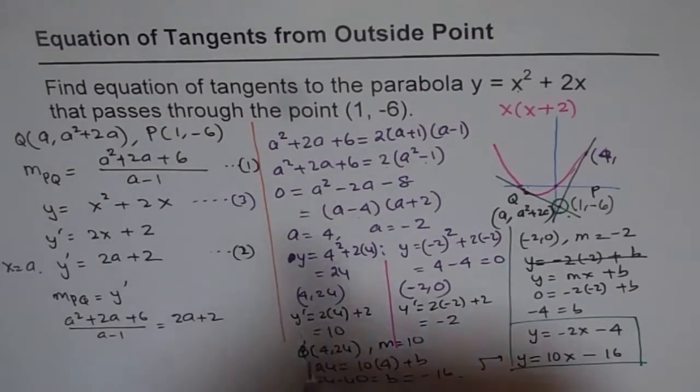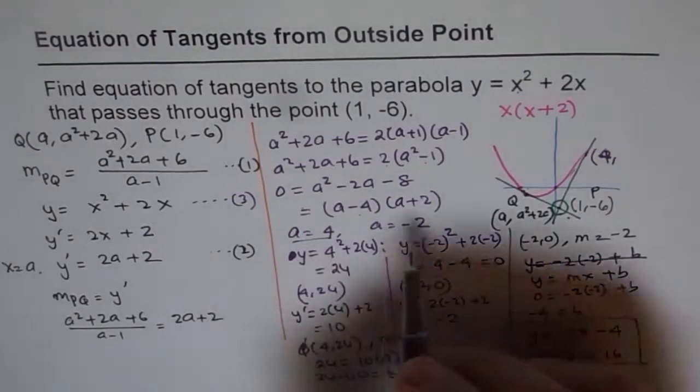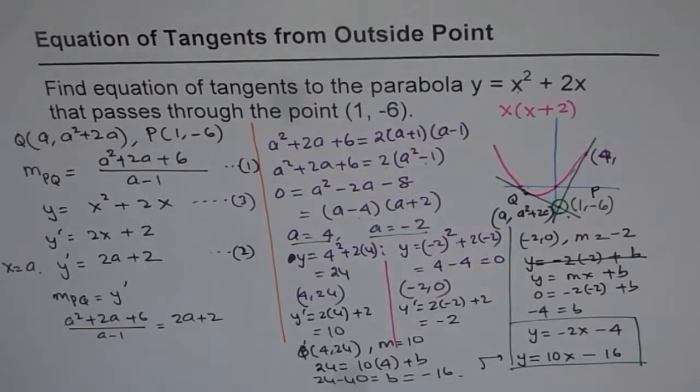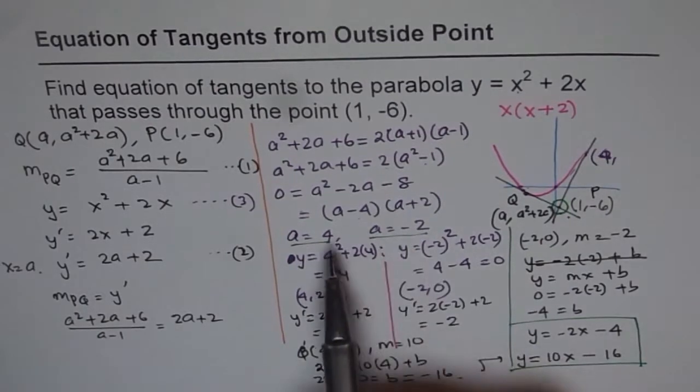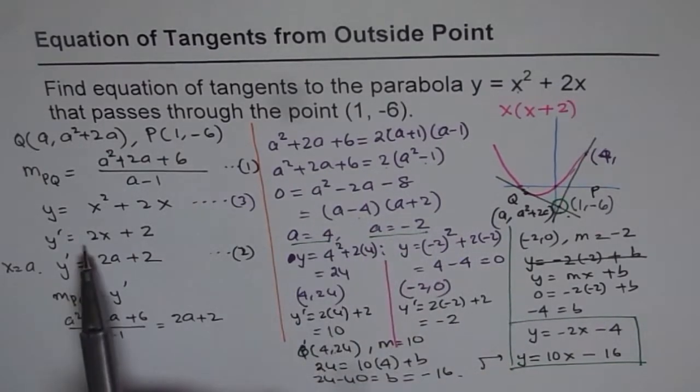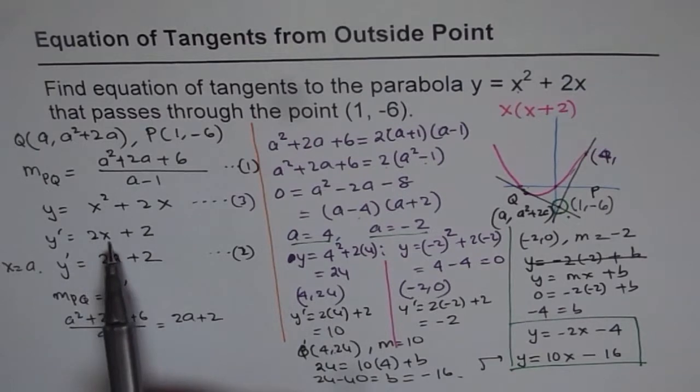So with that, we found 2 points. So a = 4 and a = -2 are the points on the graph, which will give us two tangents from the external point (1, -6). And at these points, we calculated the slope from the given formula.